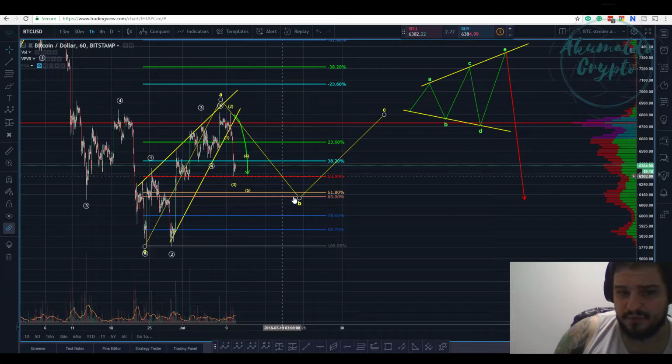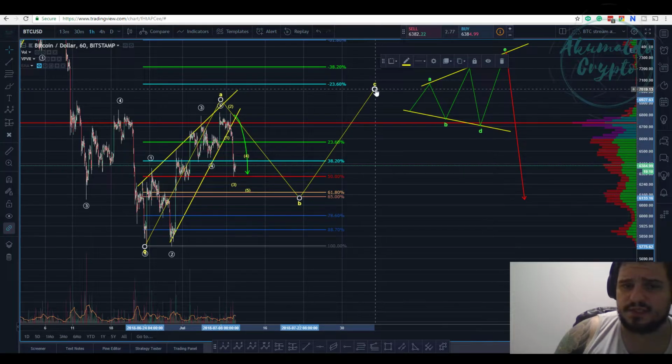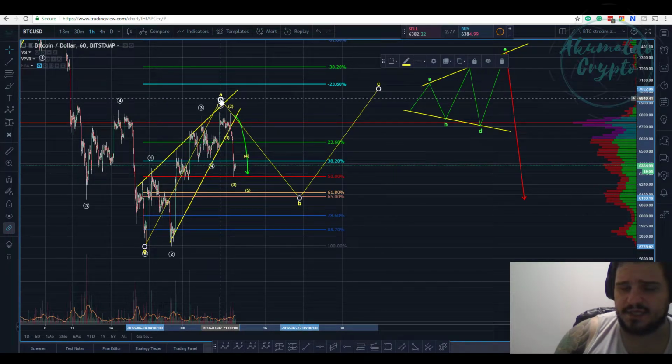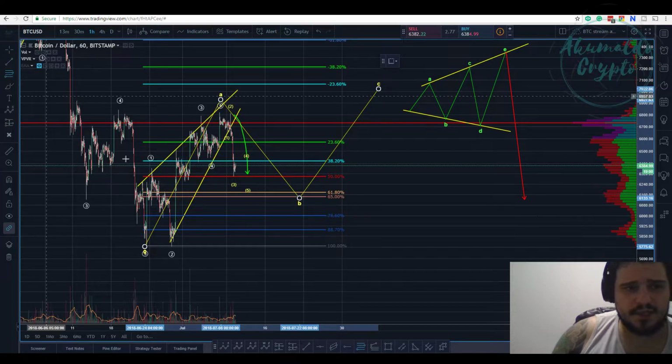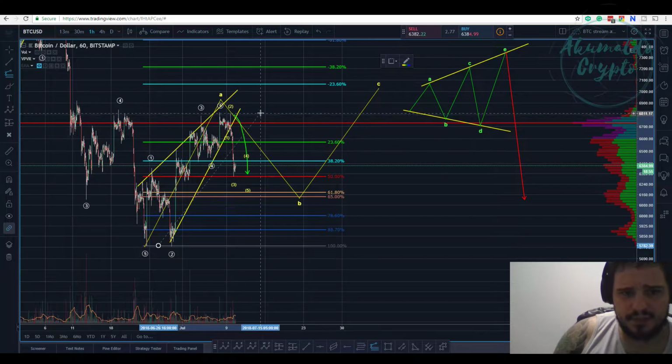Remember, we need to see those ups and downs. If we see this C breaking wave A, okay, it's going to be 123%. This is the extension that we often see.